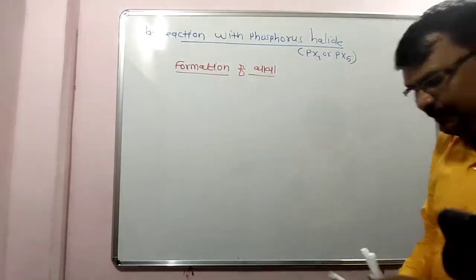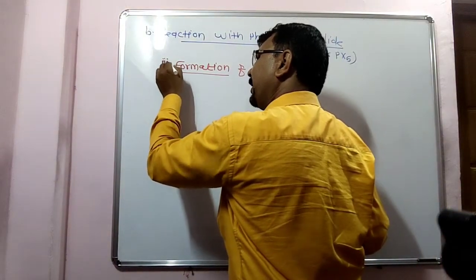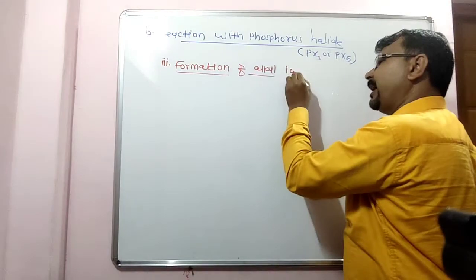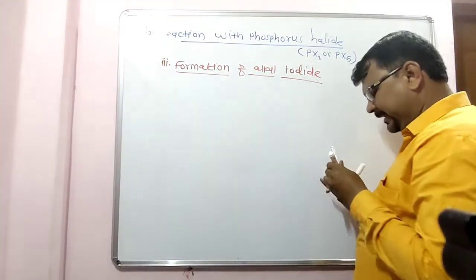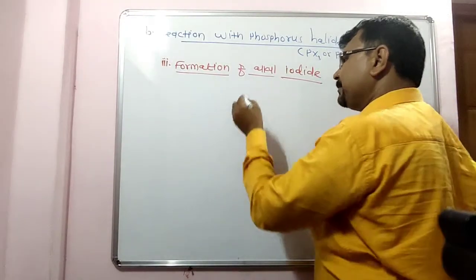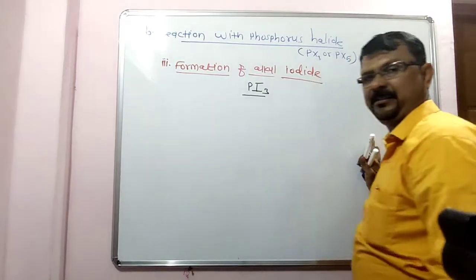Okay. Look here, next, the third type: formation of alkyl iodide. Alkyl iodide, everybody, is made by using PI3, phosphorus triiodide.